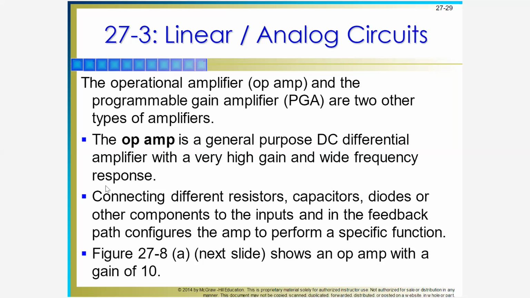Connecting different resistors, capacitors, diodes, and other components to the inputs and the feedback path configures the amplifier to perform a specific function. From the word operational amplifier, it consists of different types of resistors, capacitors, and diodes. Then this is the schematic or the symbol.